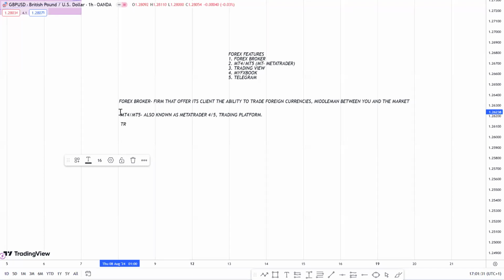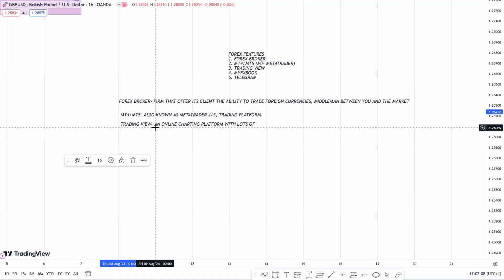We have TradingView. So this TradingView, what does it mean? TradingView is an online-based charting platform with lots of useful features.